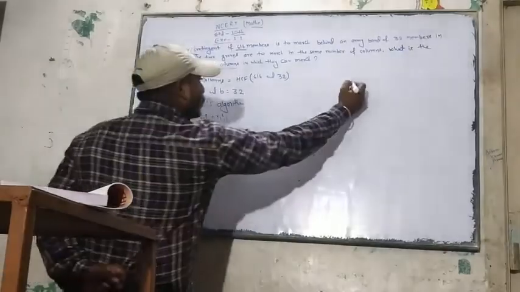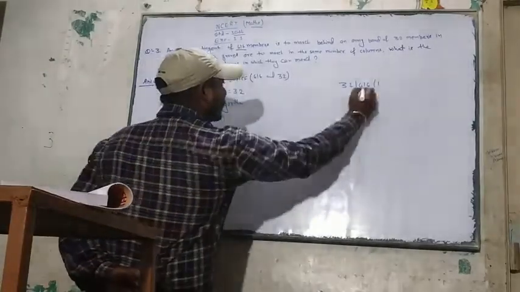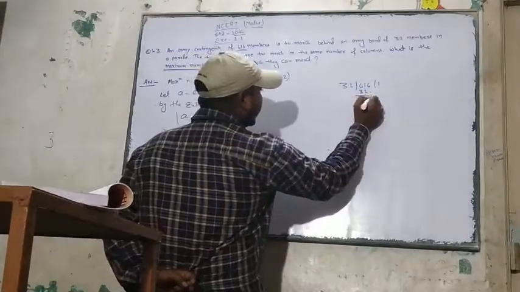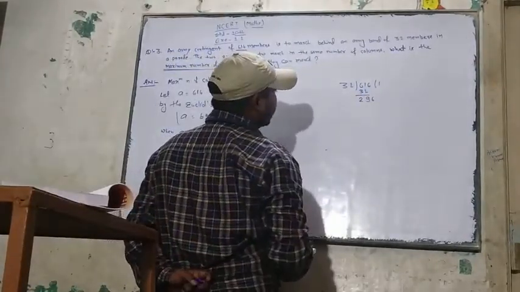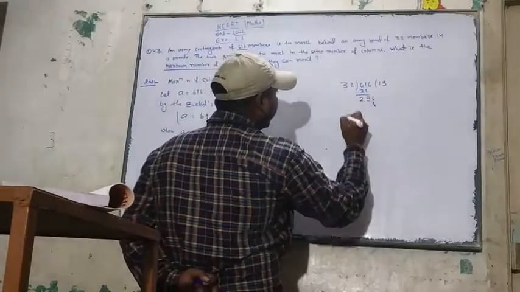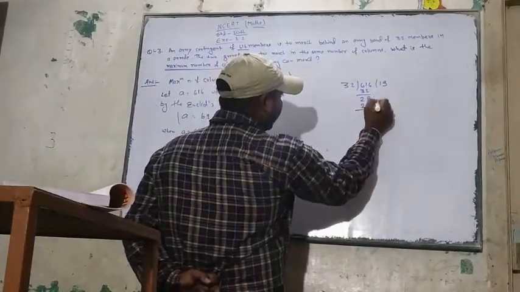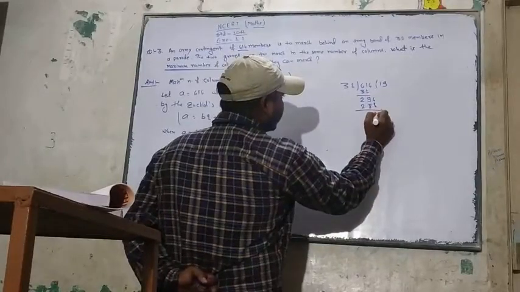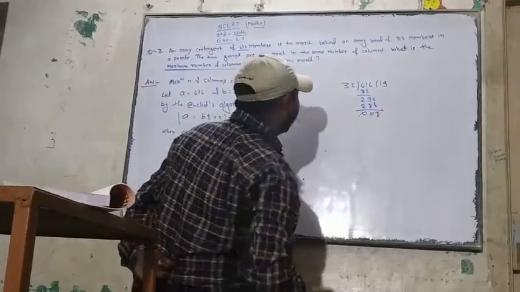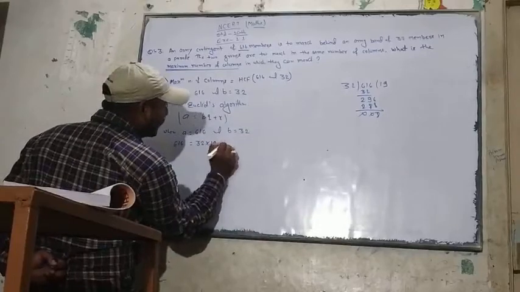What is the value of Q? So we find it, 616 divided by 32. 32 times 19 is 608, and the remainder is 8. So 616 is equal to 32 into 19 plus 8.